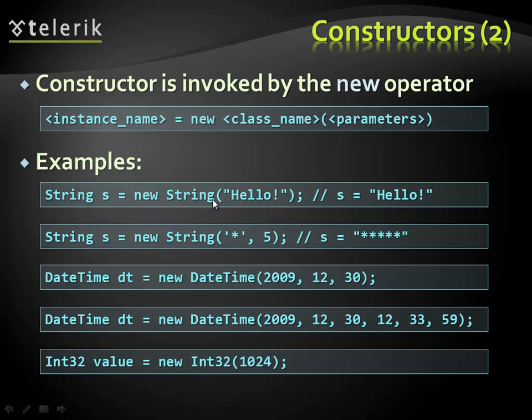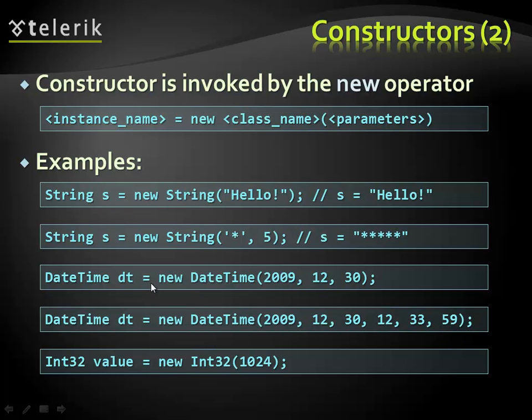So this will call the constructor of the string class, which receives one parameter of type string. And this will call a different constructor of the string class, which receives one character and an integer. And this constructor that we've seen in the datetime class received 3 different integers, or this one that receives 6 different integers. So these are different.